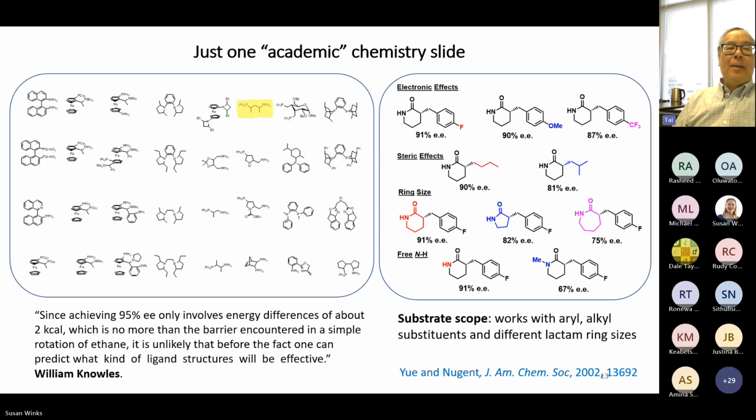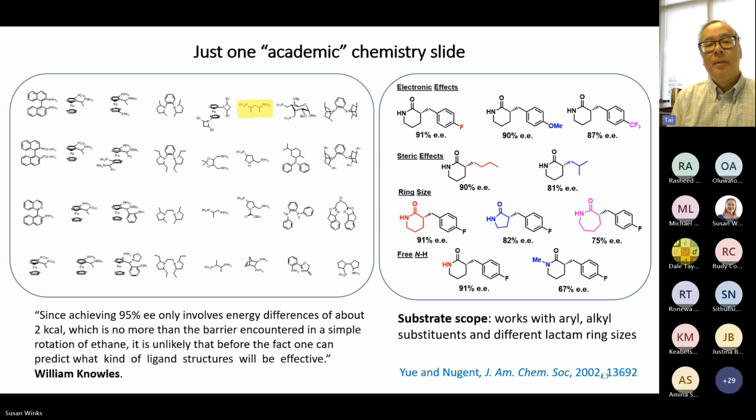So I just want to do one kind of academic slide because, when you talk about process development too much, it gets a little bit boring. So, Bill Nugent and I looked at the results that we have, looked at the screen, and we thought it was very surprising to actually get this result.